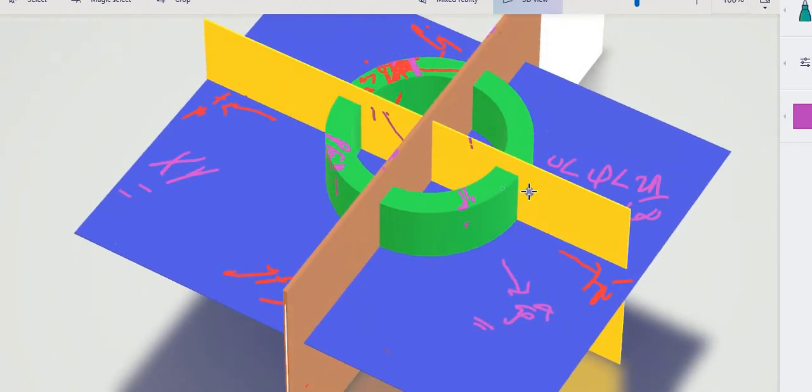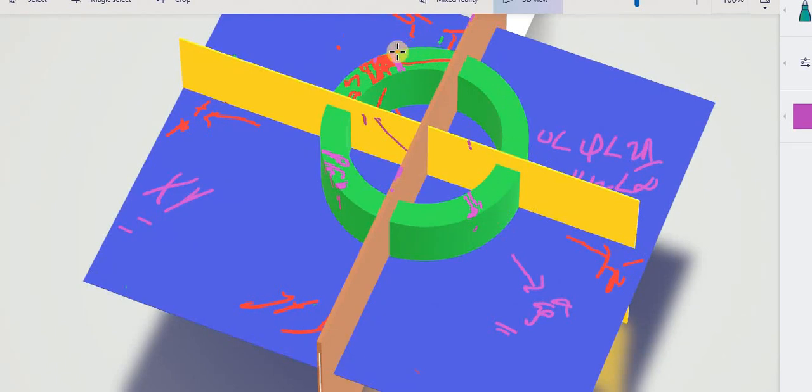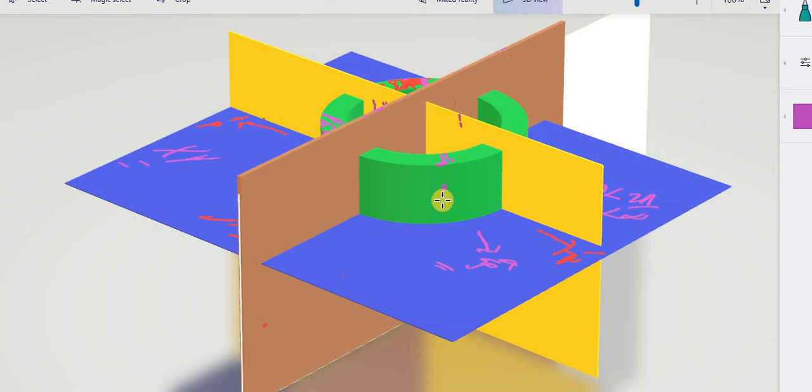Rho is constant everywhere, but phi and z are changing.